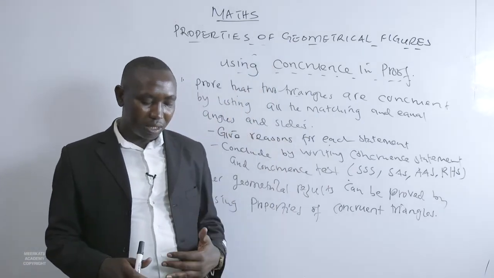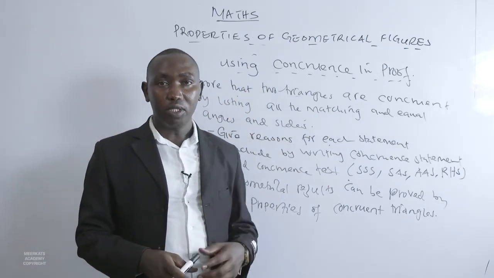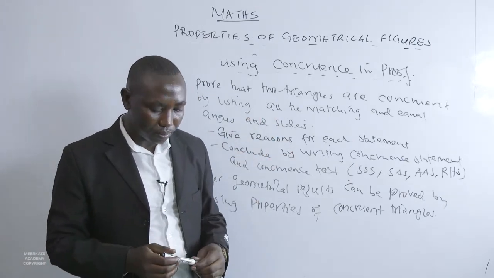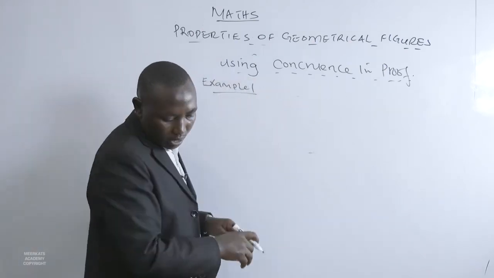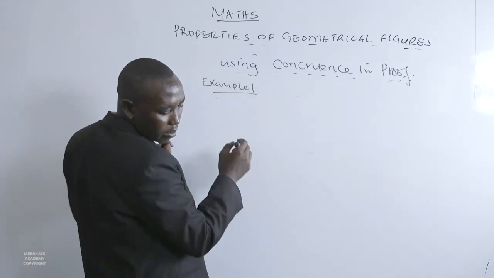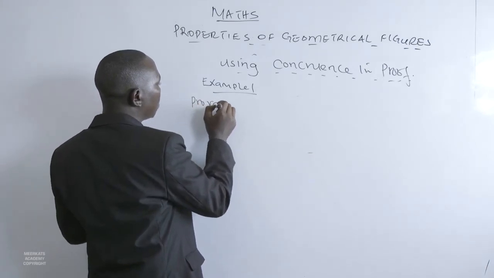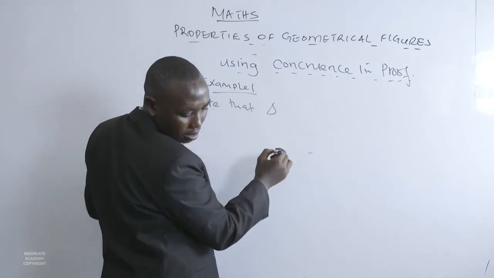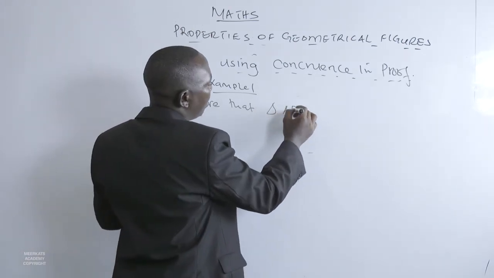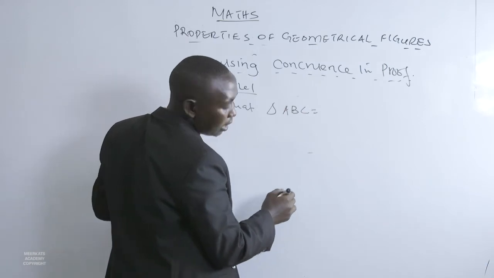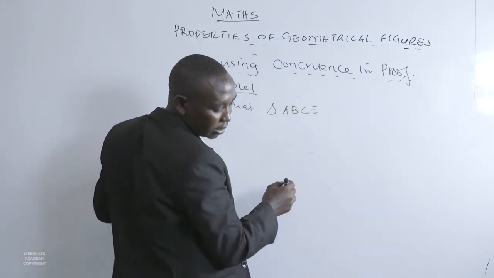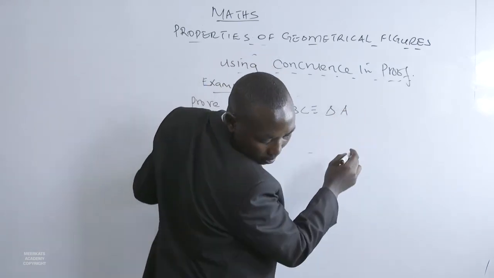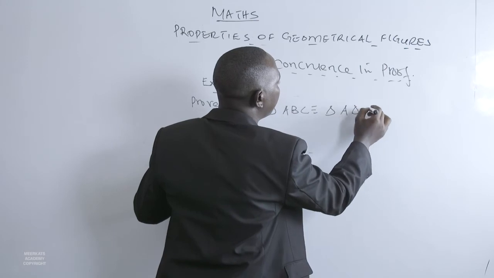We now want to look at 3 examples on how we can tackle a question in this. Example 1: prove that triangle ABC is congruent to triangle ADC.